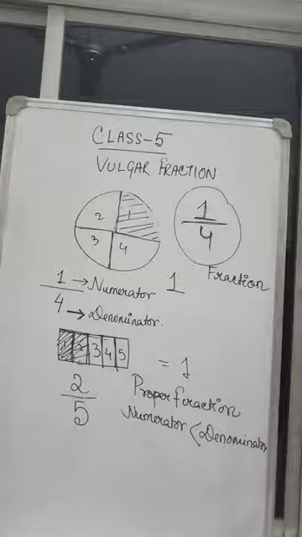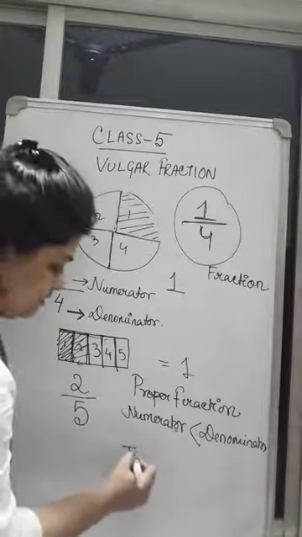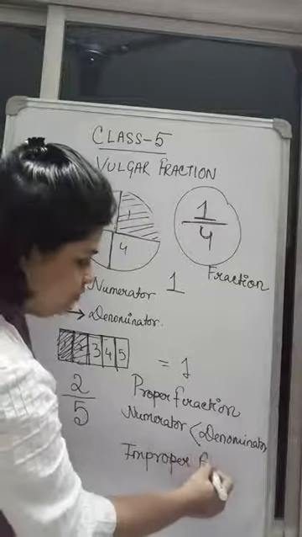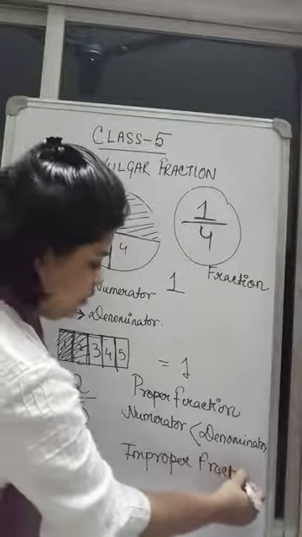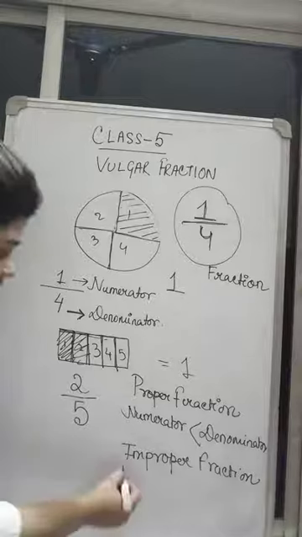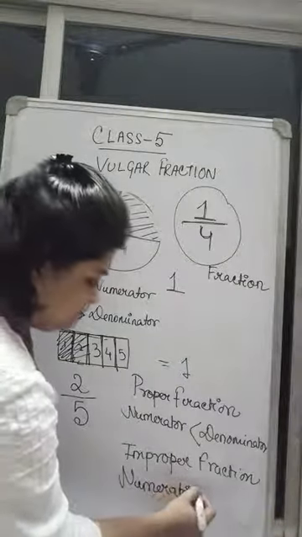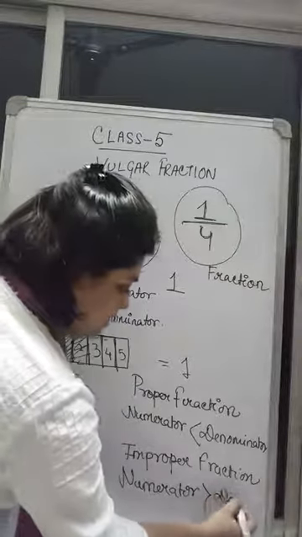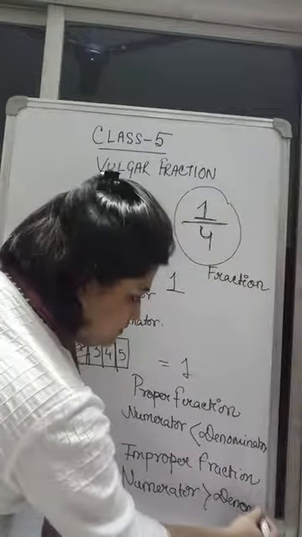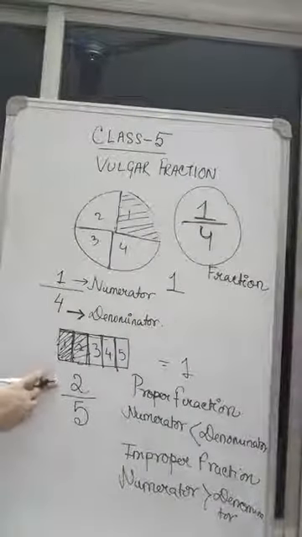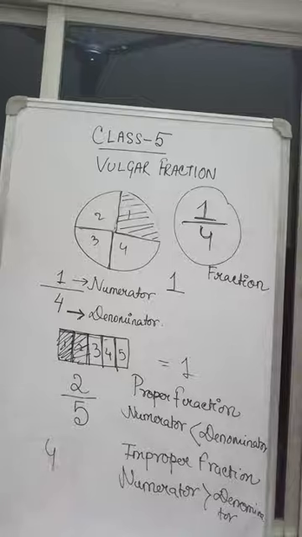Now, what are improper fractions then? So an improper fraction is just the opposite. That means where the numerator is greater than the denominator. That means the numerator or the top value, suppose it is 4, will be greater than the value which is written down.